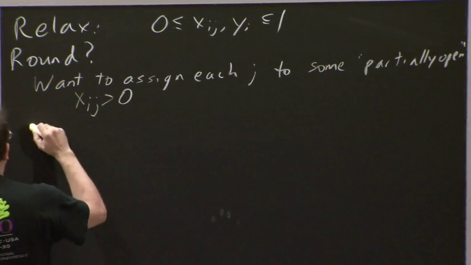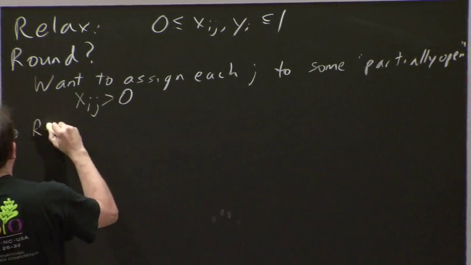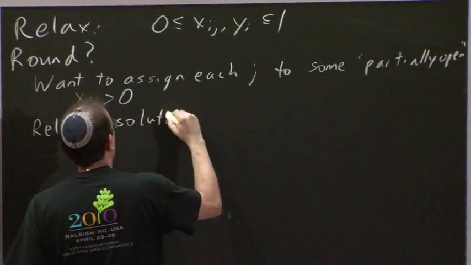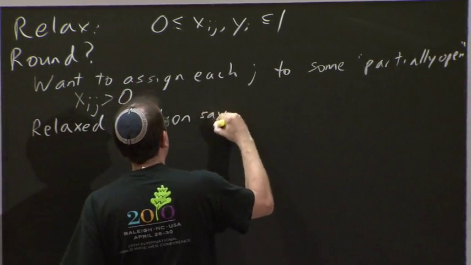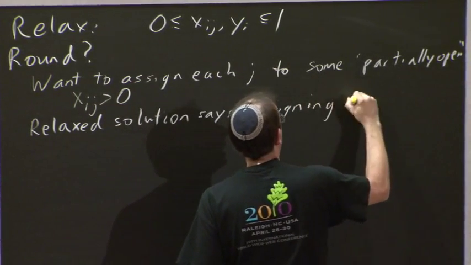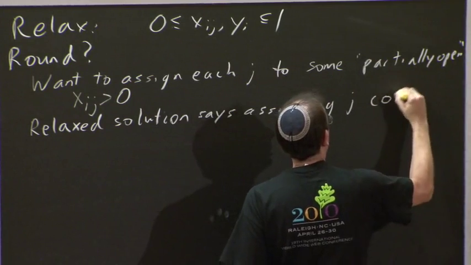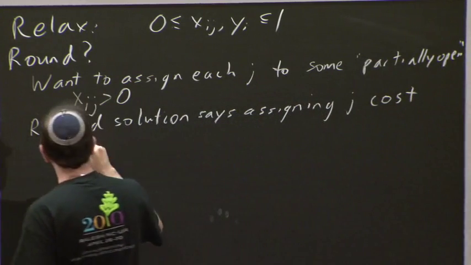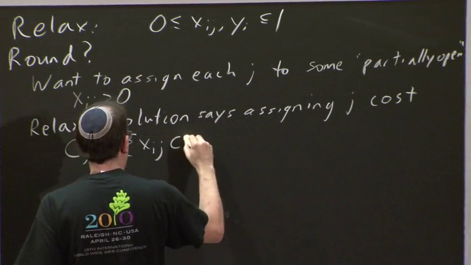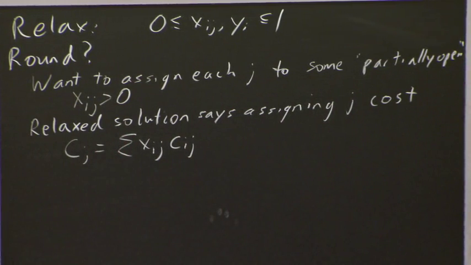Now notice that the relaxed solution says that assigning j in the fractional solution costs what I'll write as cj, which is the sum of xij cij. Right?